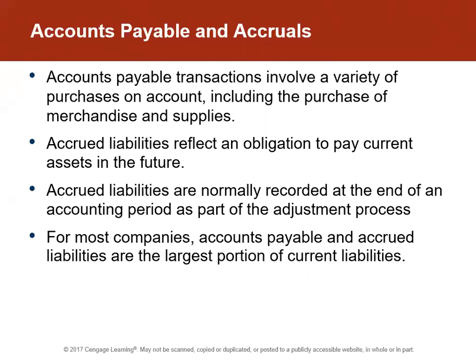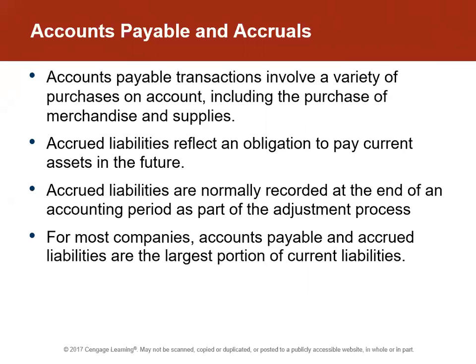So that was one of those adjusting entries, just like we adjusted for interest and all that fun stuff. So that's an accrued liability. An accrued liability could also be on a note payable, like interest that we owe that we're not paying until next year. We did that with notes receivable, remember, but it was interest revenue. It was revenue that was due to us, an accrued revenue. This is really the same concept.